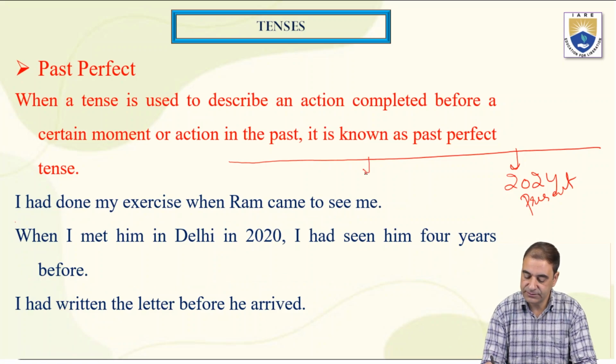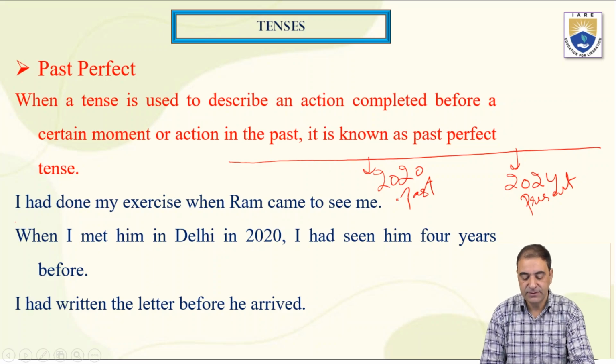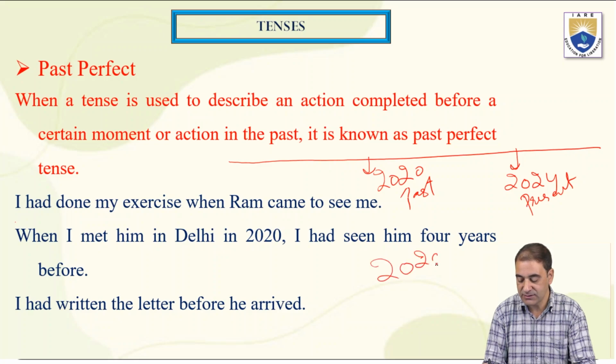And here, 2020, it's past. And what's our sentence? I met him in Delhi in 2020. I had seen him 4 years before. That means I met him in 2020, but I had seen him 4 years before.